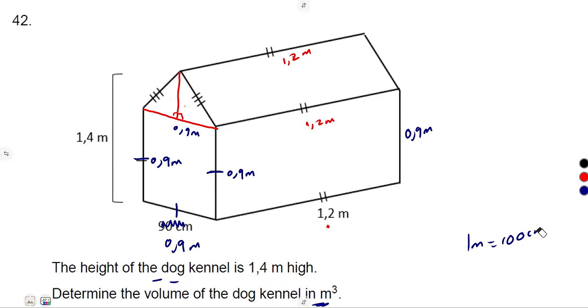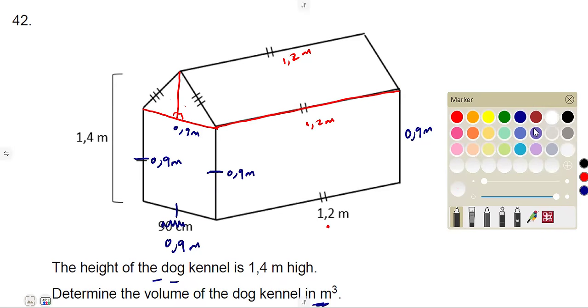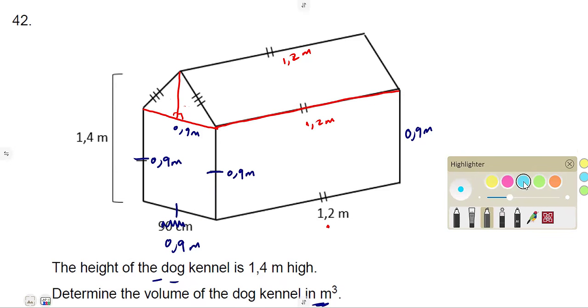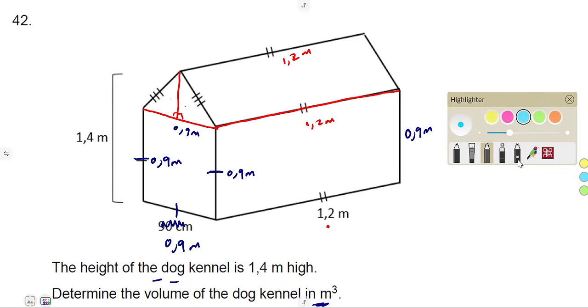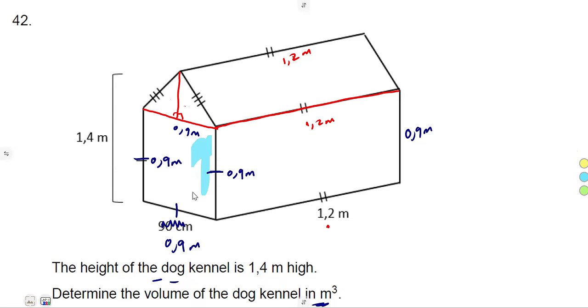The question needs us to calculate the volume. There are two things to be considered. The one below is a rectangular prism, in the form of a rectangle.